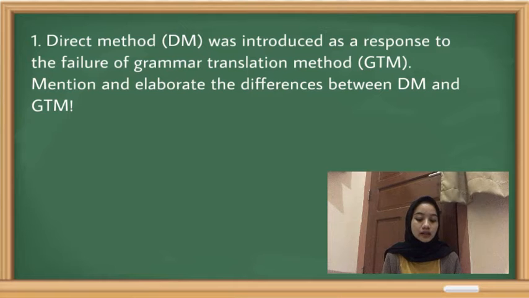And the answer is: comparing the language-related result of the two methods, one could come to the conclusion that DM students will be very good communicators, especially in oral situations, who might commit errors in favor of fluency but don't know much about the language, while GTM students will be perfect grammarians and translators who cannot really use the language in everyday communication. This would be the expectation.